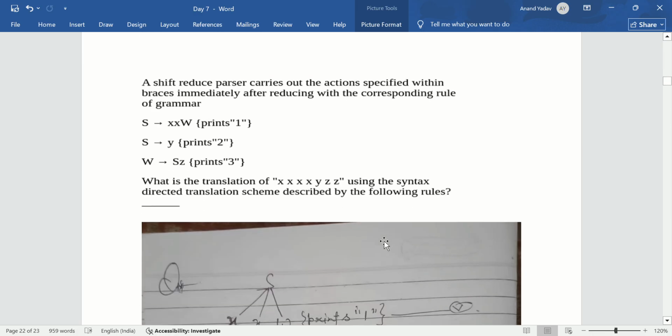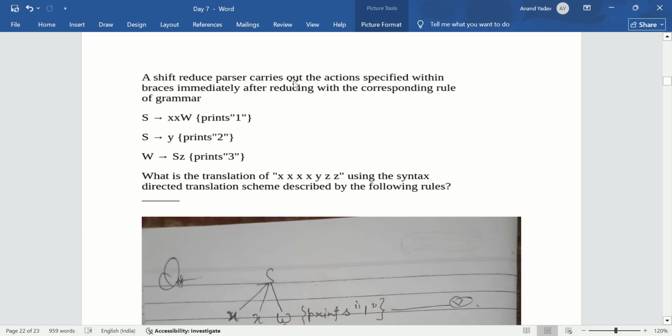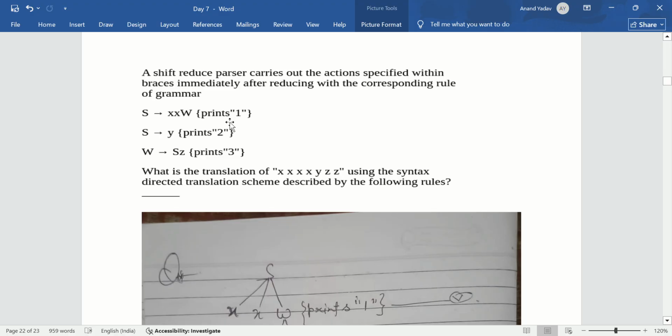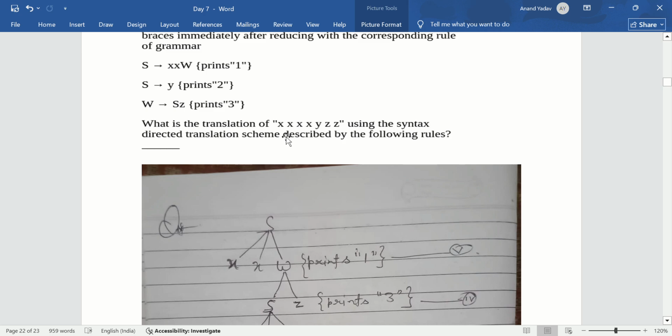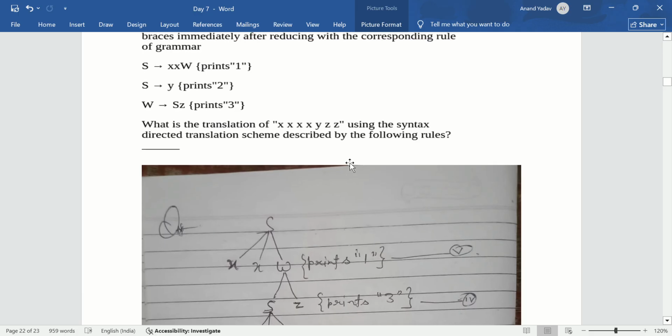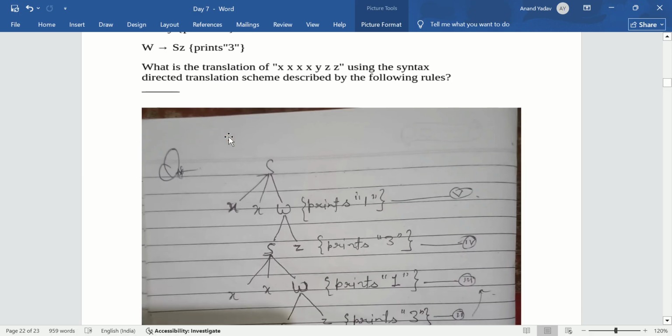Now the next one: a shift reduce parser carries out the action specified within braces. These are the productions and this is the output that will be produced. What is the translation of this using the syntax directed translation scheme described by the following rules? For this translation, what will we print, what output is produced through the print statements?